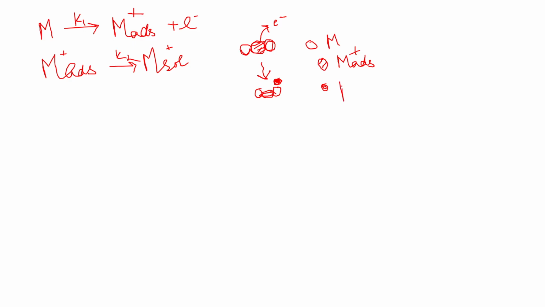You should understand that M adsorbed corresponds to the molecule which has given out its electron but stays on the surface. Once it goes into the solution, it is M solution plus, and it exposes the next metal atom, which is underneath the one that has gone out. So that is the process happening.